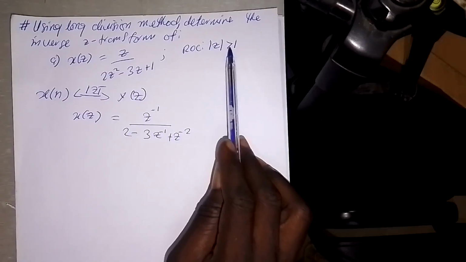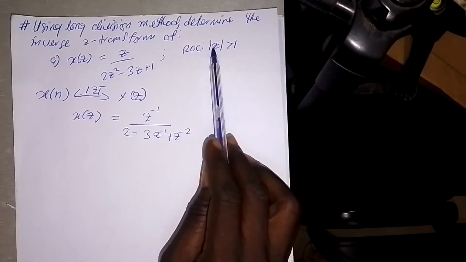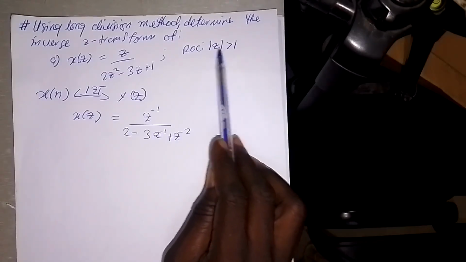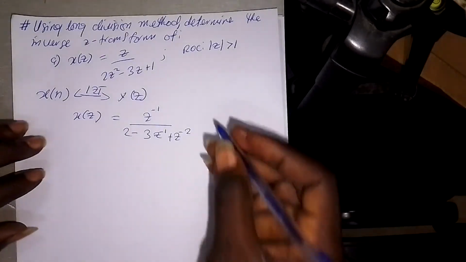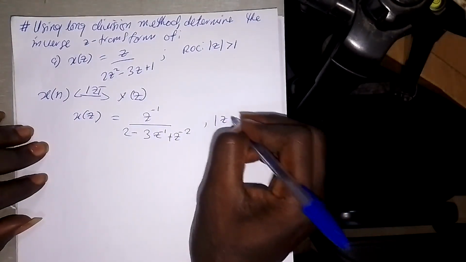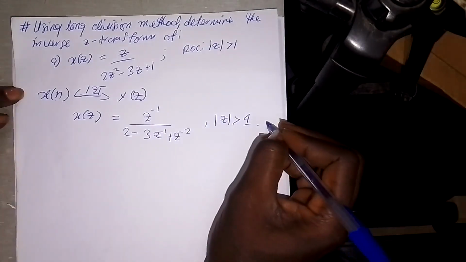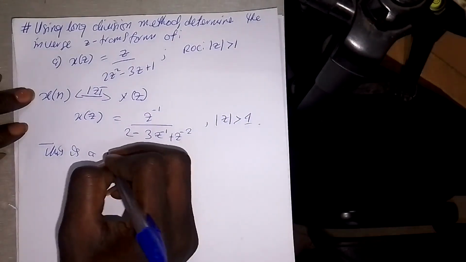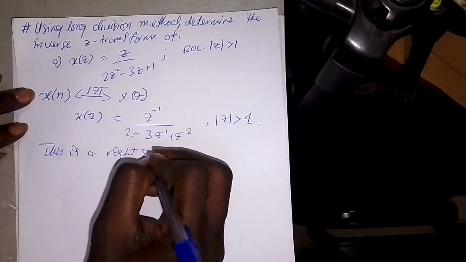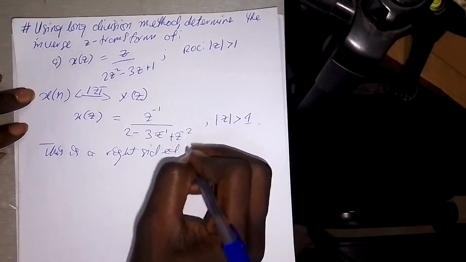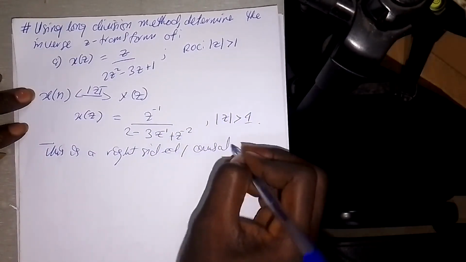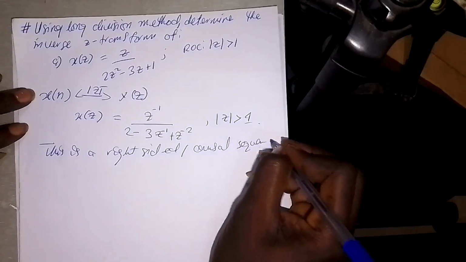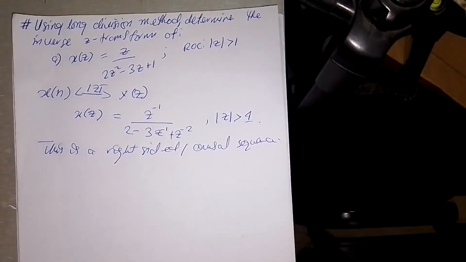If z is positive, then it is a right-sided sequence, or a causal sequence. So here, mod z is greater than 1. So this is a right-sided, or causal sequence. If it's a causal sequence, you should know how you go about your long division.